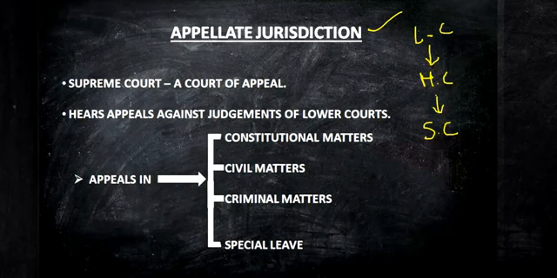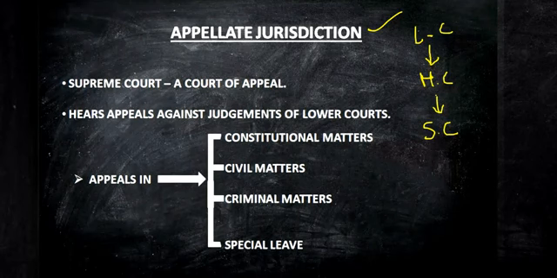But there is a particular process. There are some cases in which particular procedures are mentioned, on how a person can appeal regarding a particular case in Supreme Court. Now, hearing appeals against the judgments of lower courts is the basic function of Supreme Court. But these appeals are made in different conditions, and those conditions are classified into different matters.